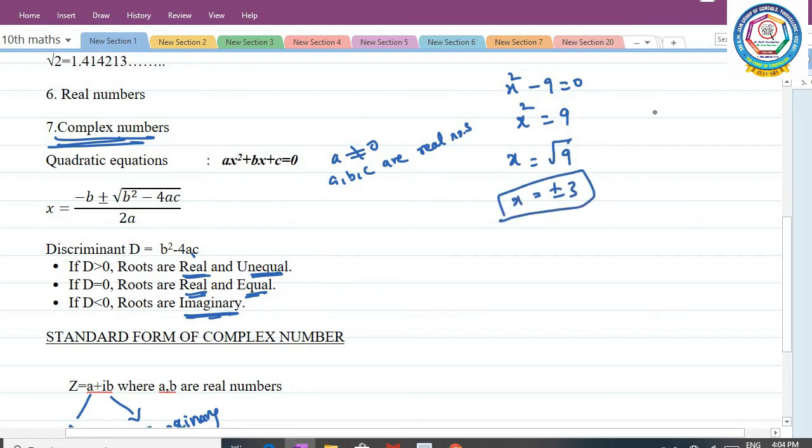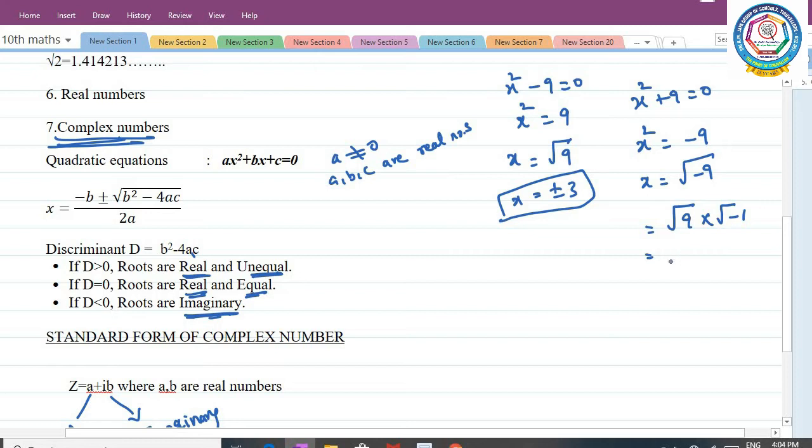We got the answers. Now the same one, if x square plus 9 equal to 0, how can you find the roots of this equation? x square equal to minus 9, so we have to find x. x is equal to square root of minus 9. We know that square root of 9 alone is a perfect square, but here square root of minus 9 is there. So I am going to write square root of 9 into square root of minus 1.